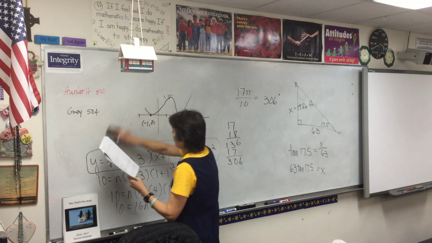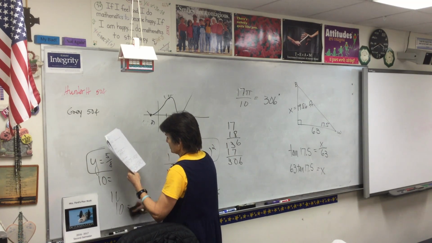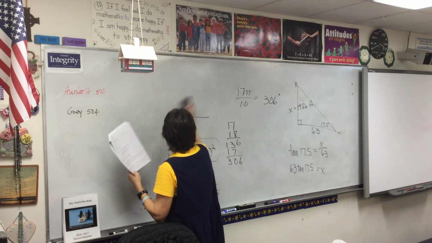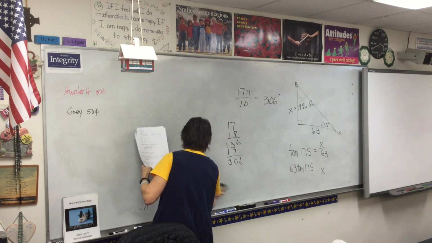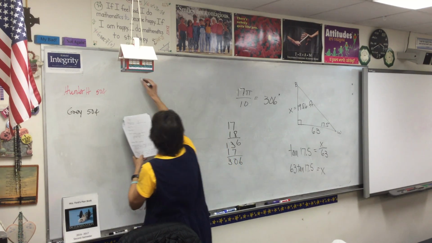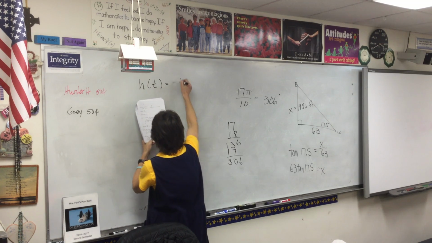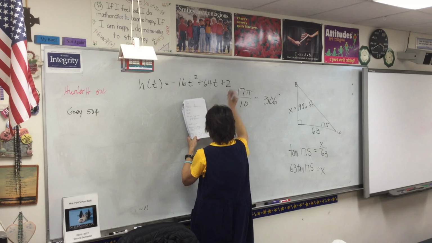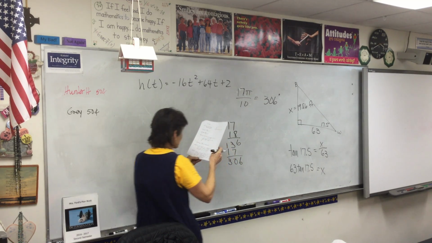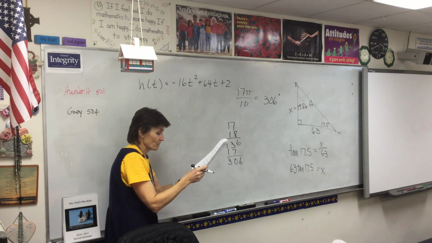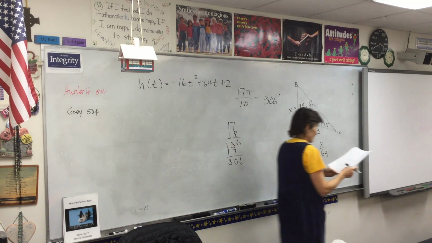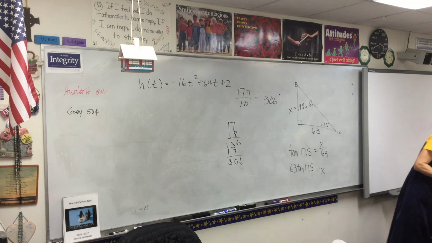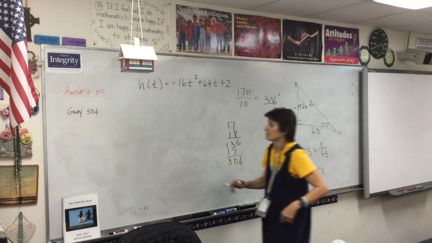The height of a ball above the ground is given by this formula. So, not making you memorize it. I've given you the formula. Find the maximum height, and when does it reach the maximum height?